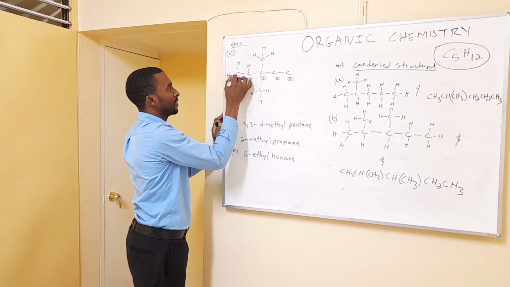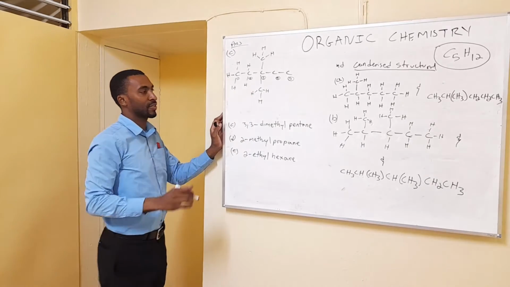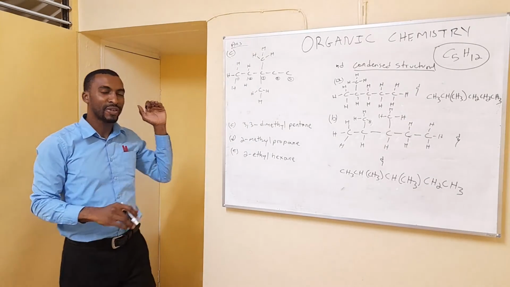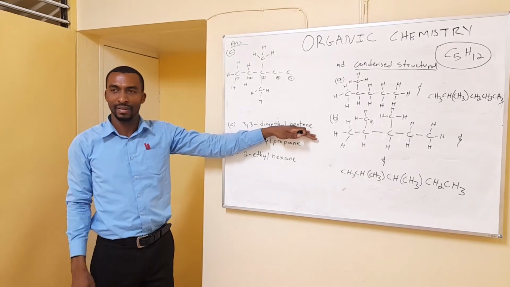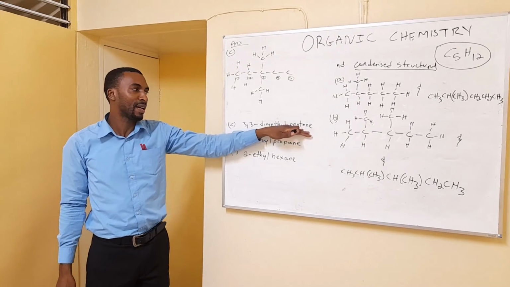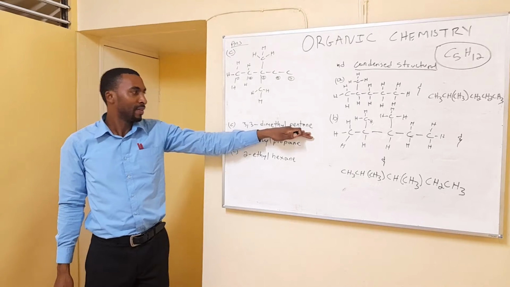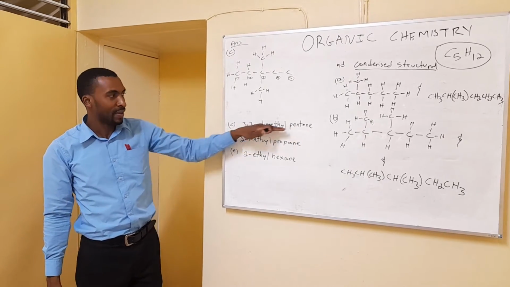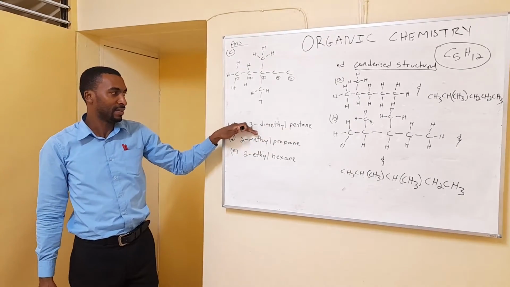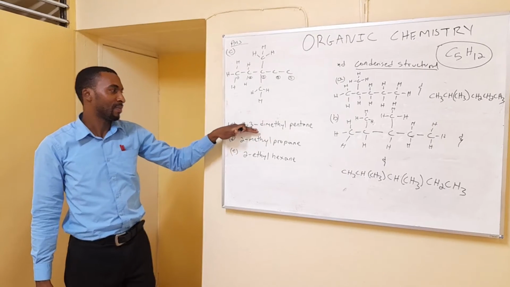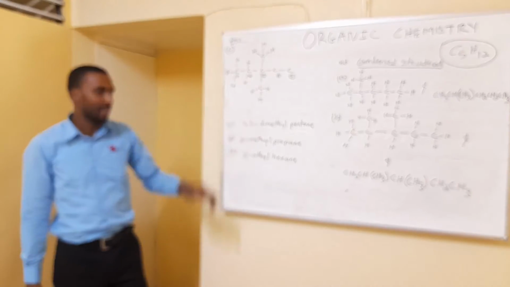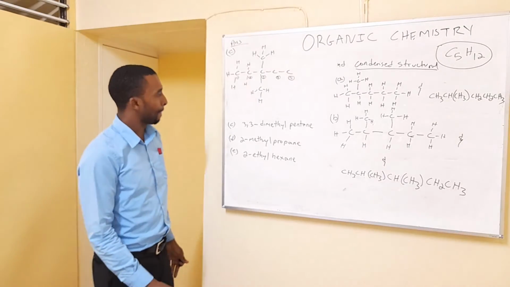So if you notice, whenever we are drawing structures from the name, we draw the longest chain first. So we just look at the last part of the name to see how many carbon atoms in the longest chain. Then we number it, and then we will add the methyl group or the alkyl groups based on the carbon atom that is in the longest chain. Right?